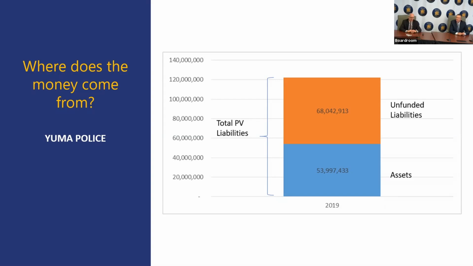The blue part of this graph are the assets, about $54 million in assets at present, or as of today's valuation. And then you can see that the total of the orange and the blue together are the total present value of those liabilities. So the present value estimate of the liabilities, and then you have the assets. Obviously, the orange is the unfunded portion, what we don't have the assets to cover.